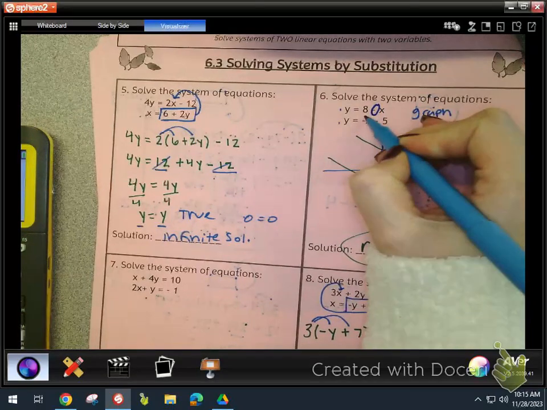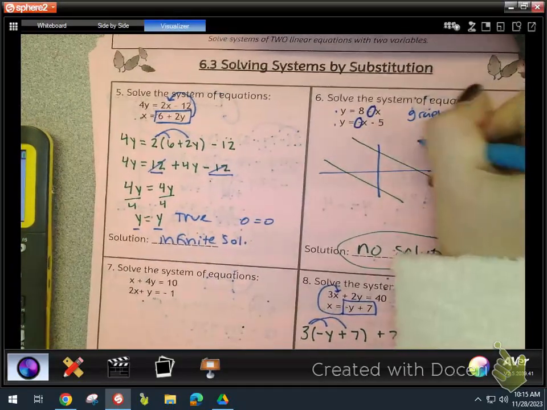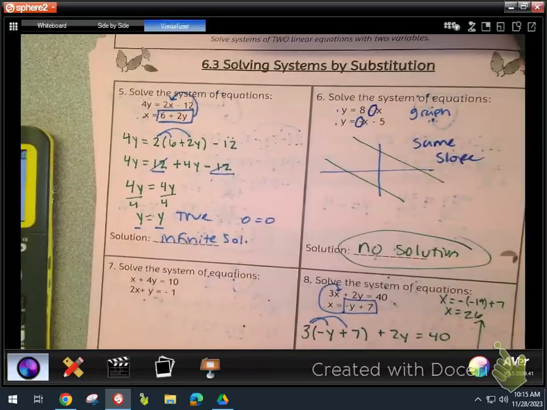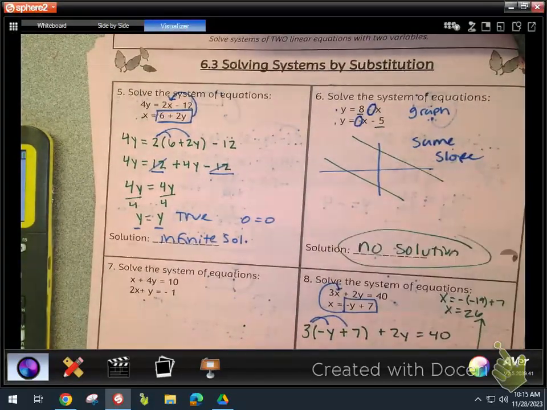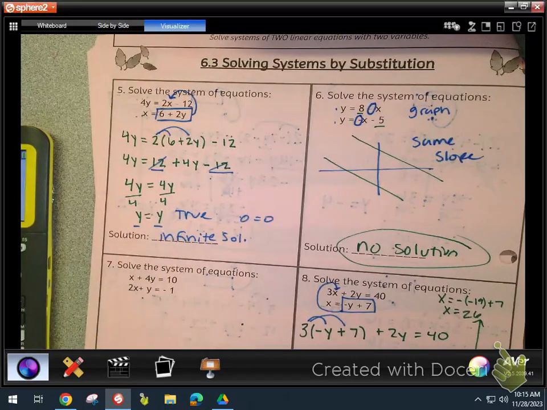What's the slope of the next one? It's also -1. If we have the same slope, we have parallel lines. But the y-intercepts are different, and that's one thing you need to watch for. If they have the same slope, you have to check the y-intercepts, because if the y-intercepts are the same, it's the exact same line, and we have that other case.